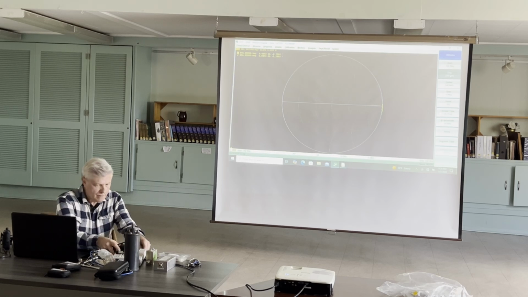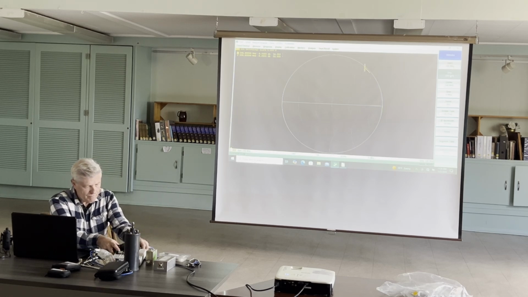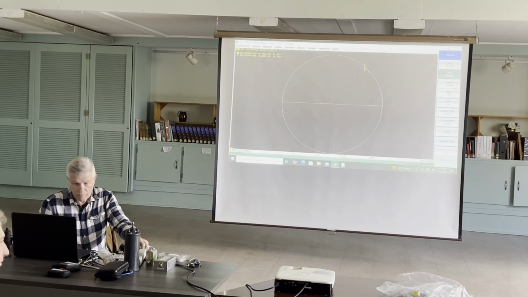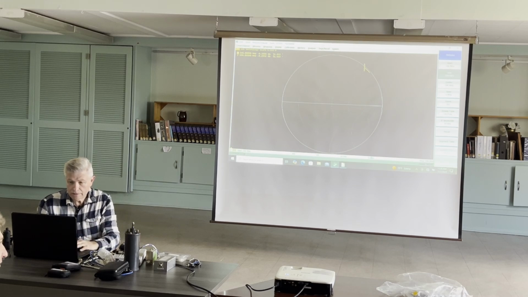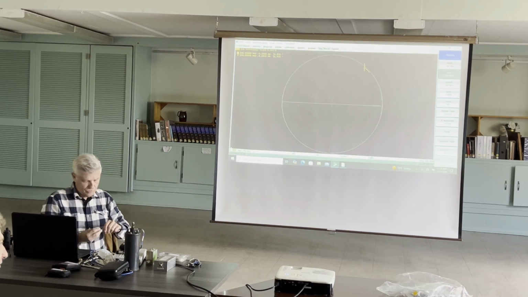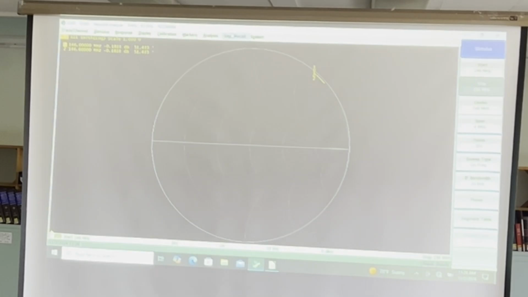All right. This is supposed to be a 2-meter 440 antenna, is it? Not really. But that's what it's supposed to be. That's typical of a rubber duck, by the way.